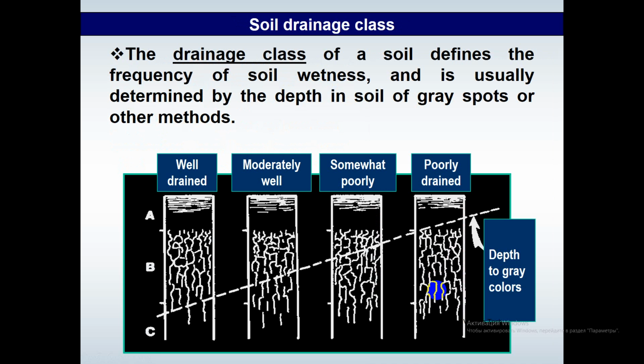Soil drainage class. The drainage class of a soil defines the frequency of soil wetness and is usually determined by the depth in soil of gray spots or other methods. Here you can see a depth to gray color.